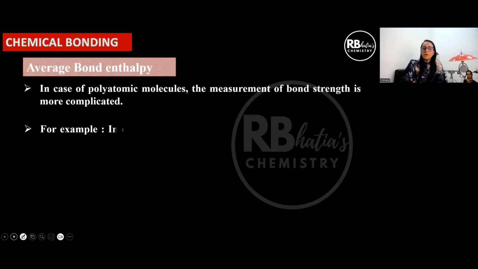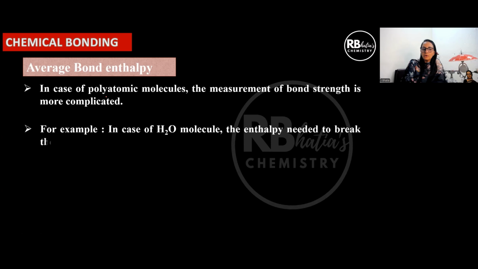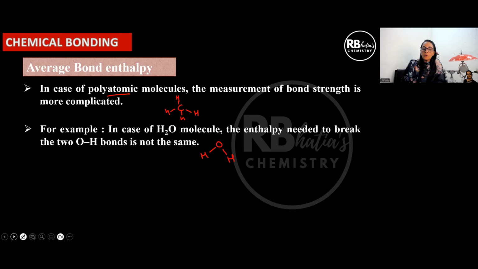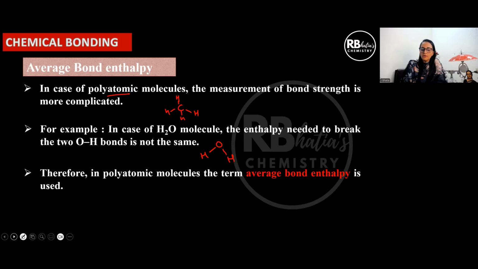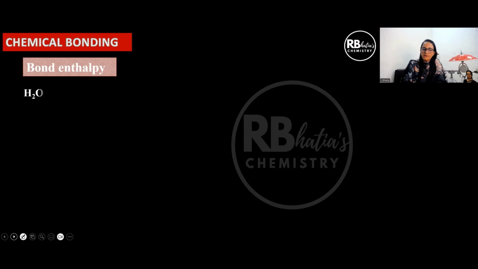Now, if we have polyatomic molecules, something like, let us suppose, methane or water molecule, then we are going to talk of average bond energy, right? Because in polyatomic molecules, we are going to use the average bond enthalpy term. Why? Because we have more than 1 bond, and each bond is going to have a slightly variable bond energy value.